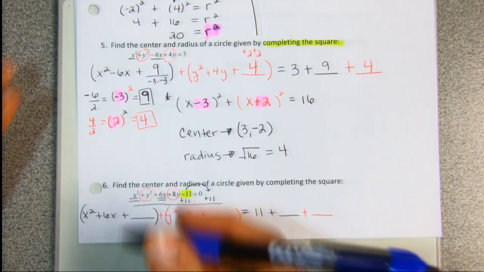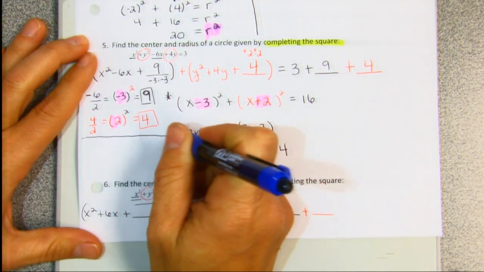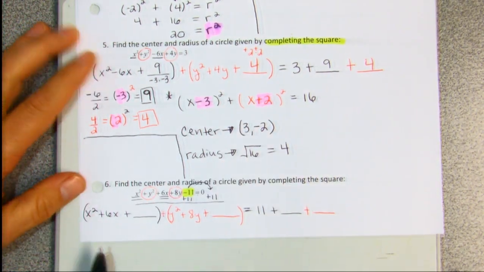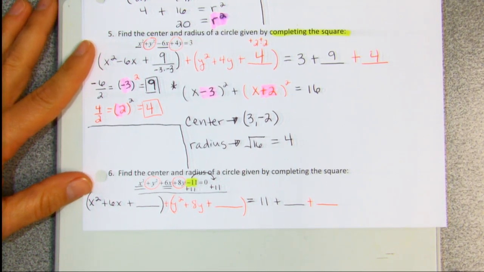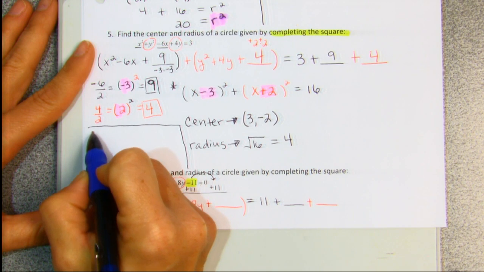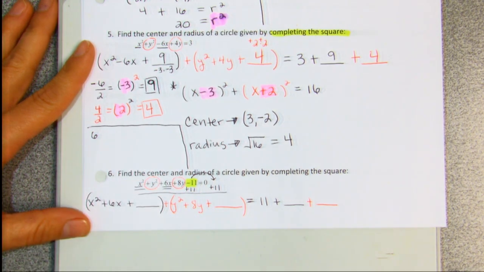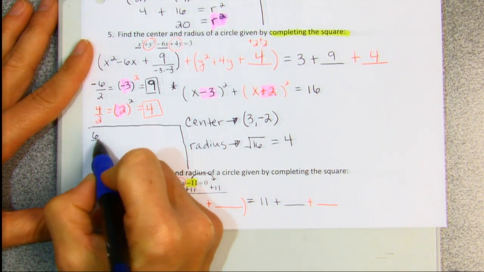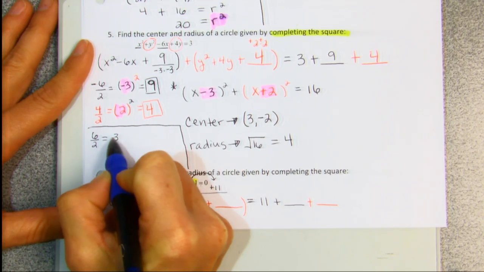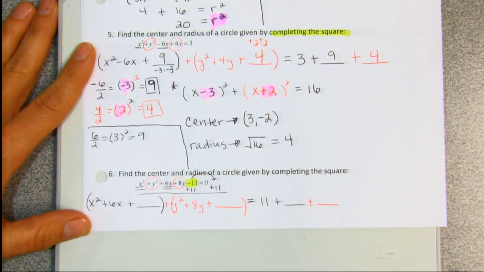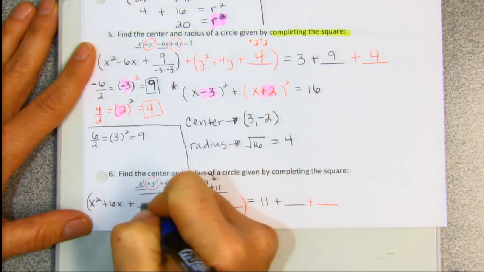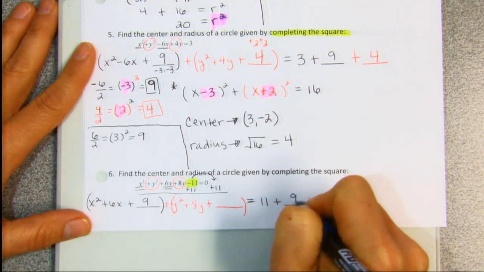So I'm going to do the complete the square stuff for this problem just above. So what number am I looking at in the x's to complete the square? 6. What do I do to 6? Divide by 2. Good job. Look at us. We have it. And then we square that result and we get the number 9. So 9 is the perfect square number that you're going to add to both sides.